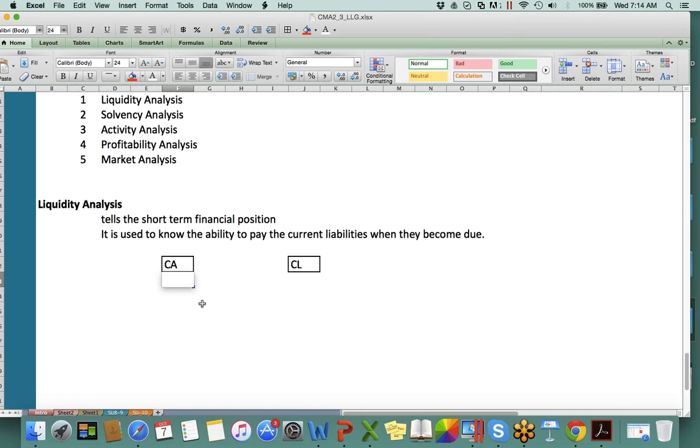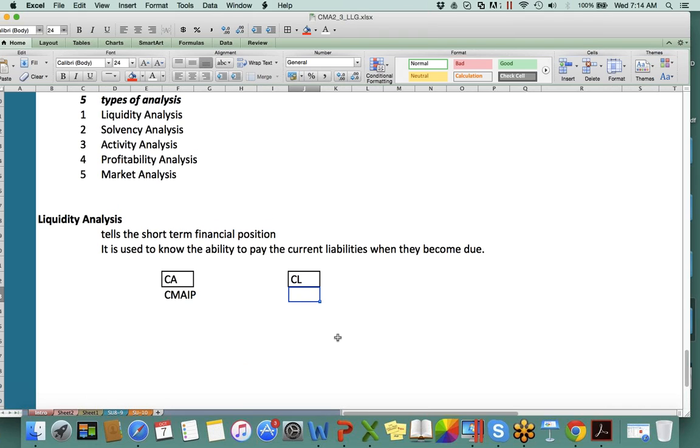Current assets you know well: CMA, IP. Cash and bank balances, marketable securities, accounts receivable, inventories and prepayments. Current liabilities you know, the amount of liabilities which become due in an operating cycle or a maximum period of 1 year.